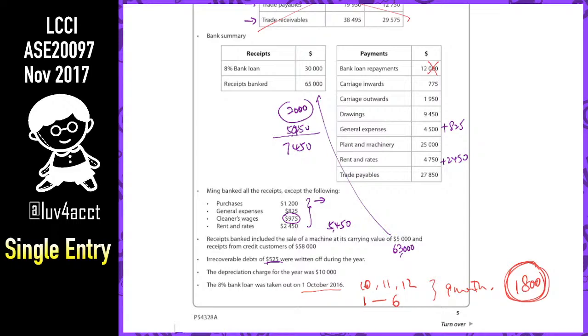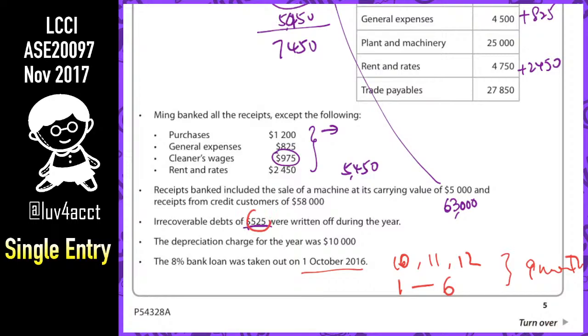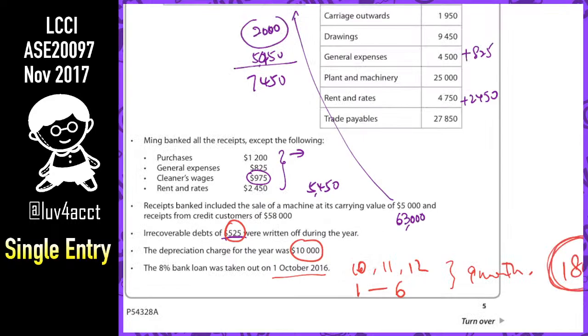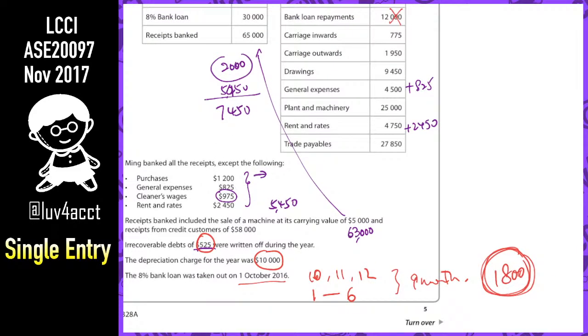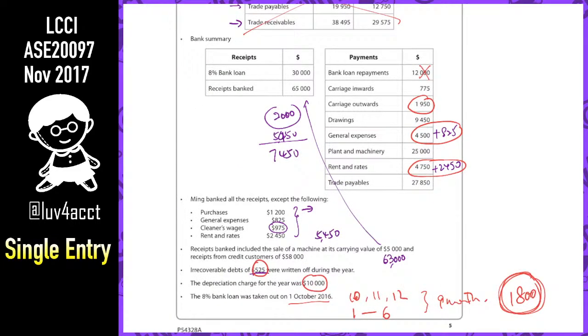There is no disposal gain or loss because the machine is sold at its carrying value of 5,000. Irrecoverable debt 525. Depreciation given to you directly 10,000. And then carriage out, general expenses, rent and rates, and then the cleaner's wages. 1, 2, 3, 4, 5, 6, 7. 7 things.